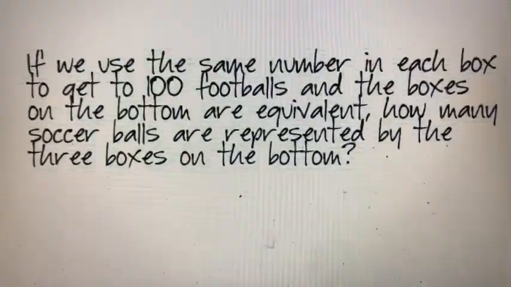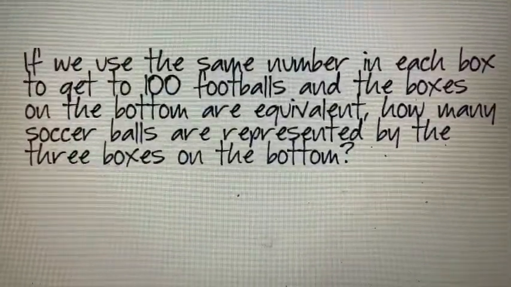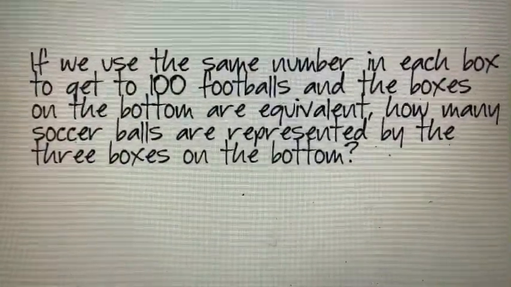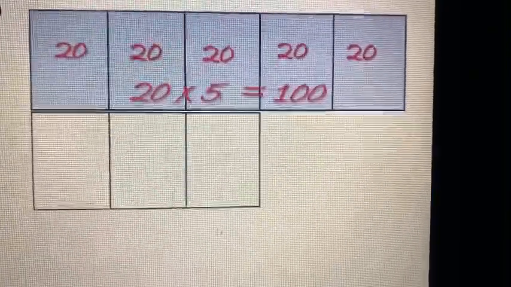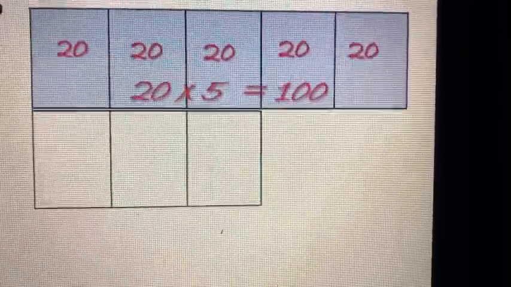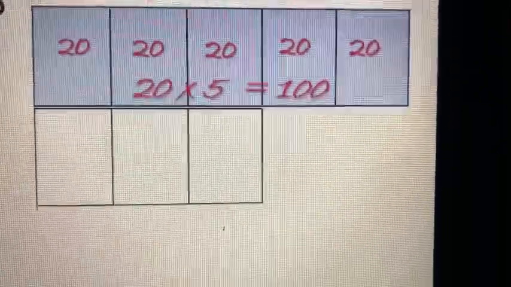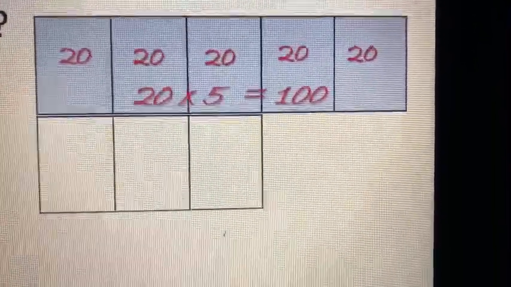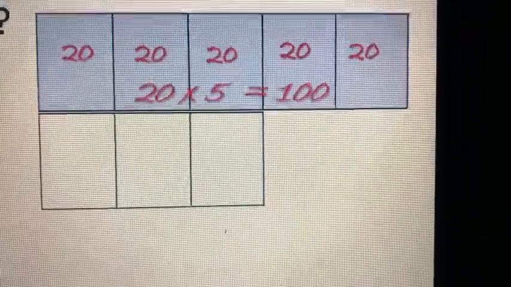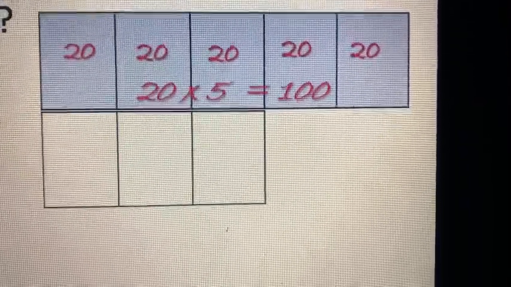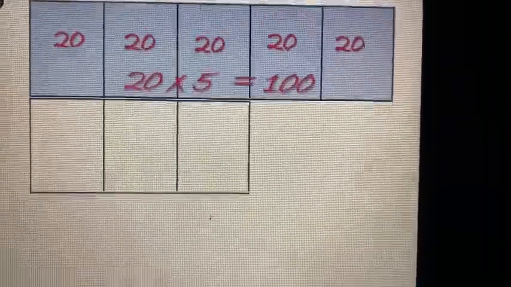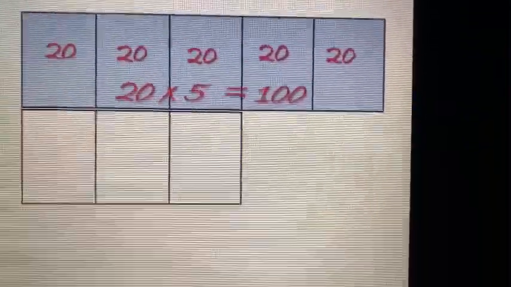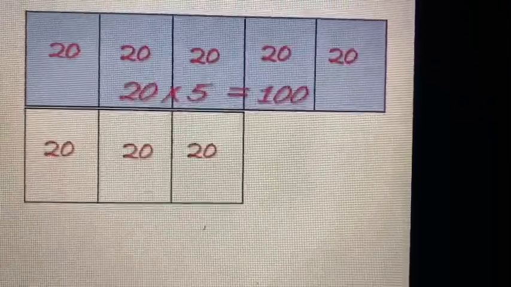So I need to ask myself, what is 100 divided by 5? Across the top, I realized if I put 20 in each box, 20 times 5 equals 100. So each box represents 20 footballs. So along the bottom, I want to do the same. I want to put 20 in each box.